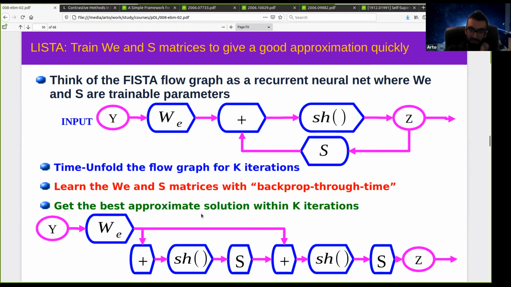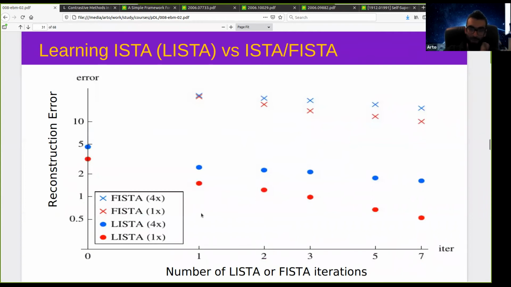They managed to obtain much better results with this learned ISTA approach as compared to the original ISTA approach.